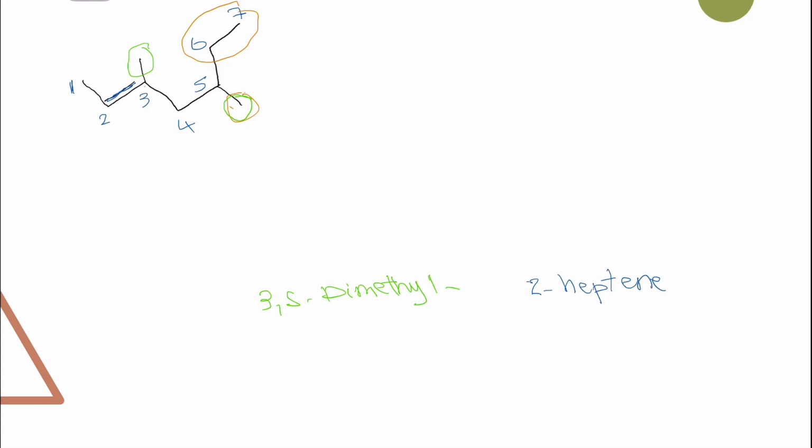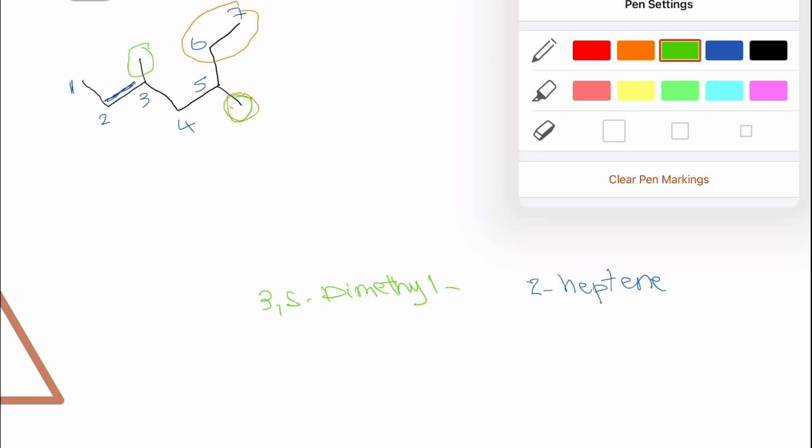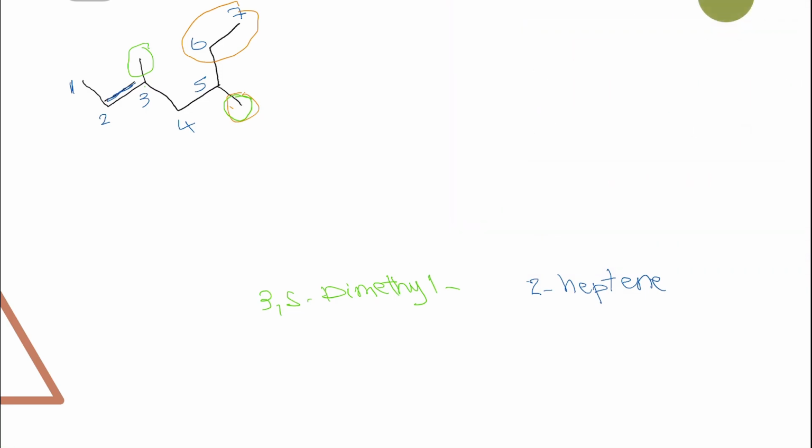If you had something like an ethyl substituent as well, let's say in position number 4, like this, then it will come as 4-ethyl-3,5-dimethyl-2-heptene, because we have an ethyl group in position number 4 here.